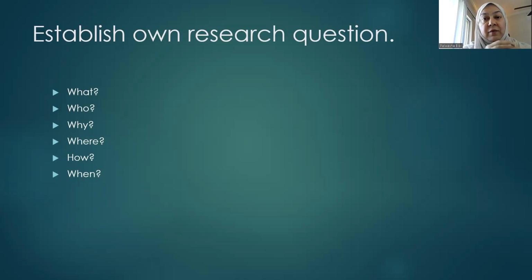These words that are written in front of you are part of the epidemiologic inquiry. What, who, why, where, how, and when. And they can be applied to any topic in order to begin a research question. Remember, a research topic is a phrase, a set of words, but a research question has a question mark at the end.